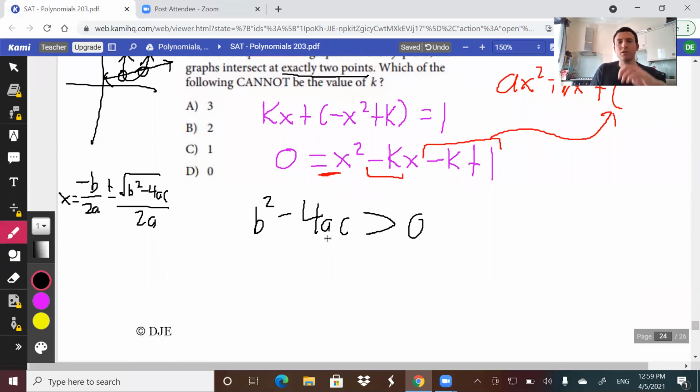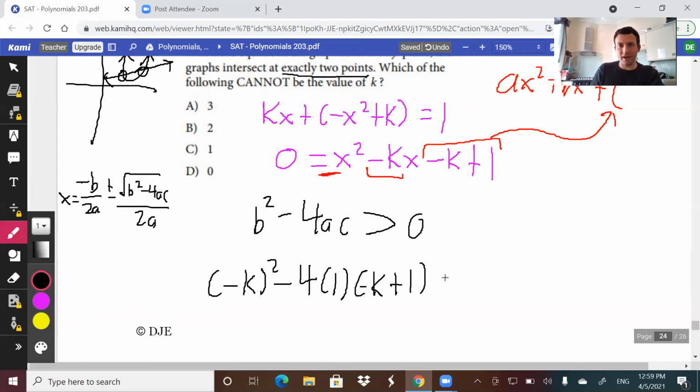Using this equation, we know that negative k squared minus 4, where a is 1 and c is negative k plus 1, this whole thing has to be greater than 0. If we quickly simplify it, we have k squared plus 4k minus 4 has to be greater than 0.